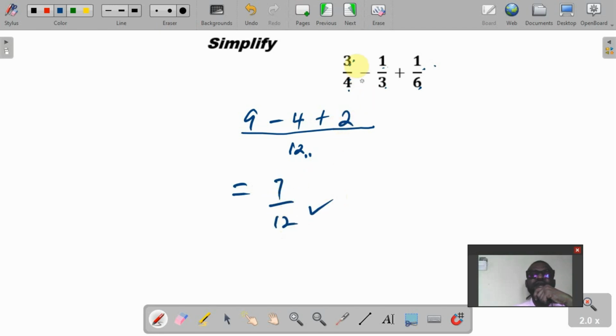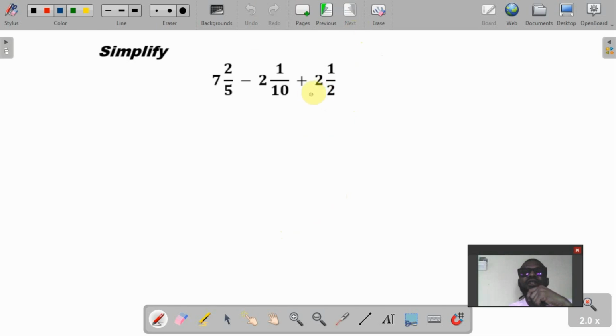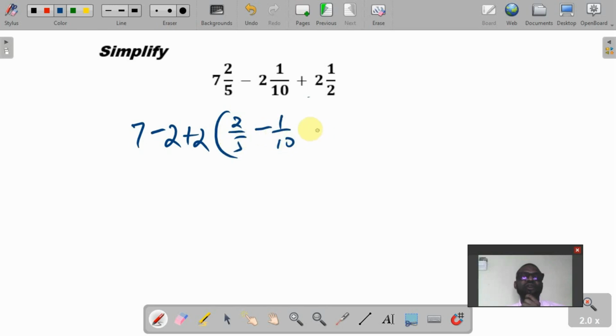This is my answer. Now, the next question here is a combination of a whole number and a fraction. That's a mixed number with different denominators. So, let's handle the whole numbers first of all. 7 minus 2 plus 2 into 2 over 5 minus 1 over 10 plus 1 over 2.